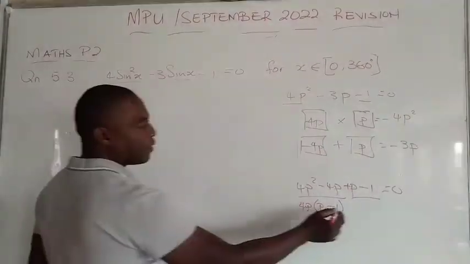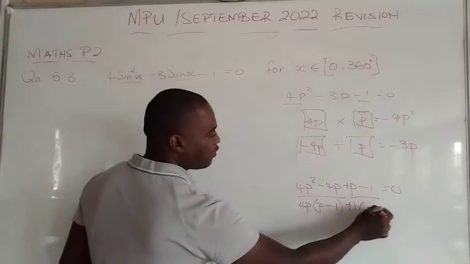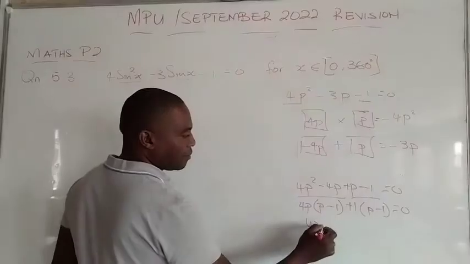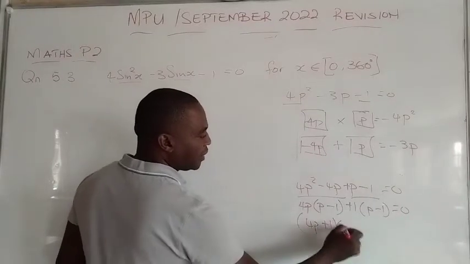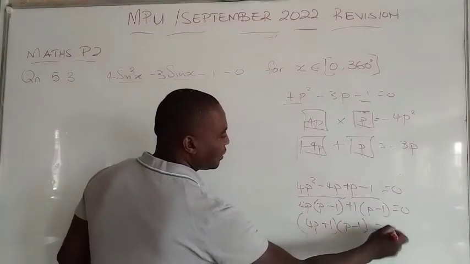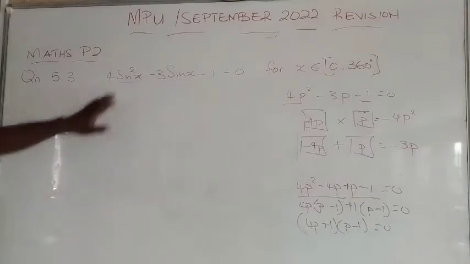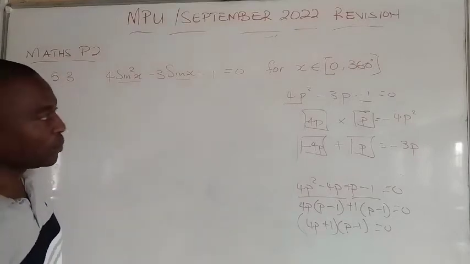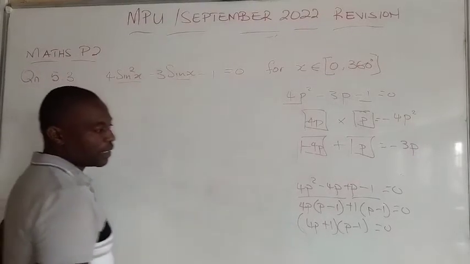Here we just factor out positive 1, so we have p minus 1, and then 4p plus 1 into p minus 1 is equal to 0. So if you can't factorize with sine x, you can simply let your sine x be equal to a letter and then do the factorization.